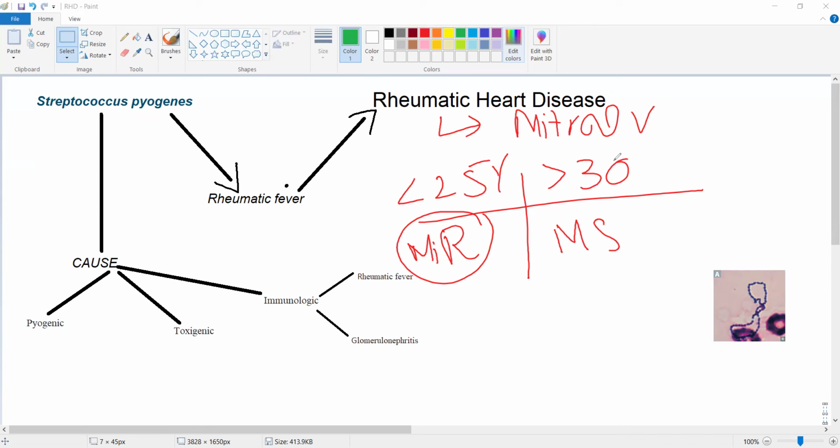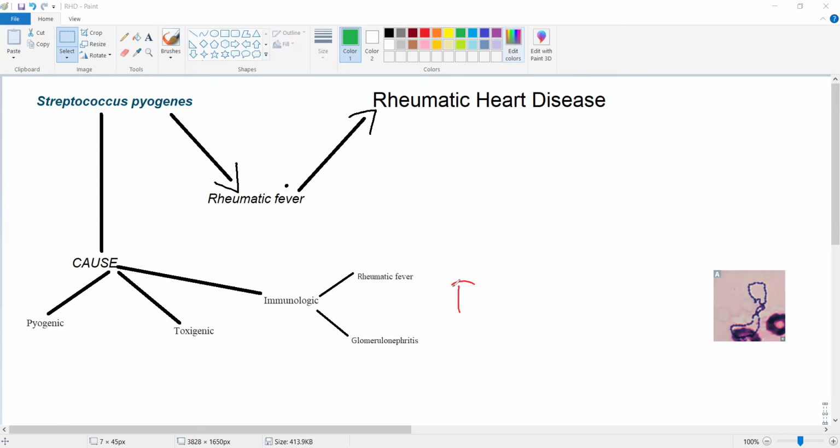They give you the age and a typical vignette of rheumatic fever. Sometimes I give you an example of that vignette. So progressive dyspnea plus orthopnea, and palpitation.